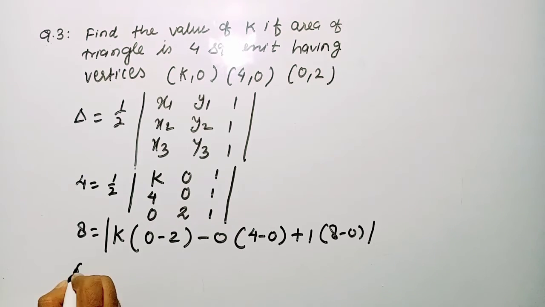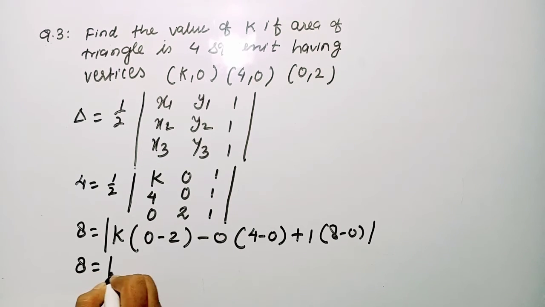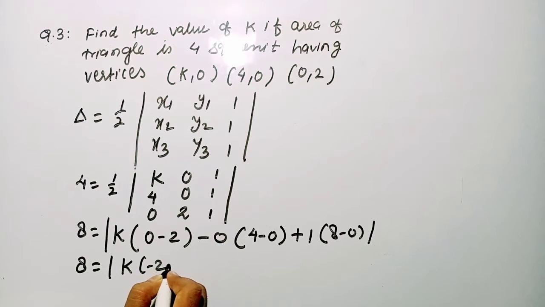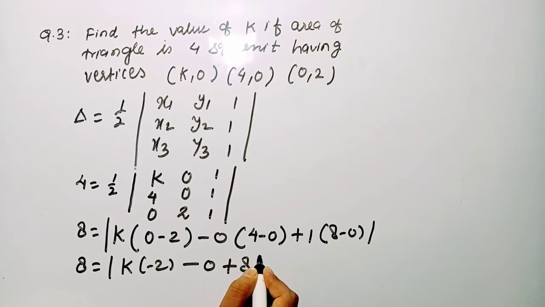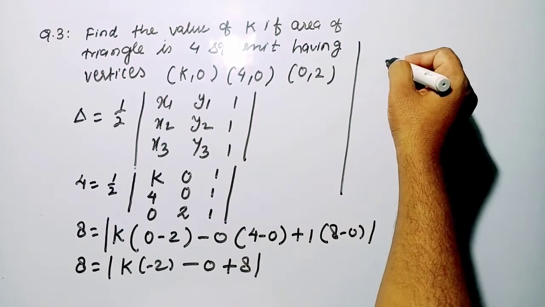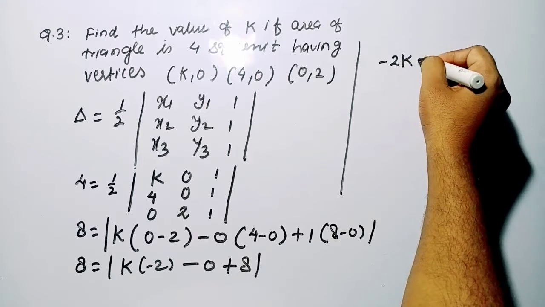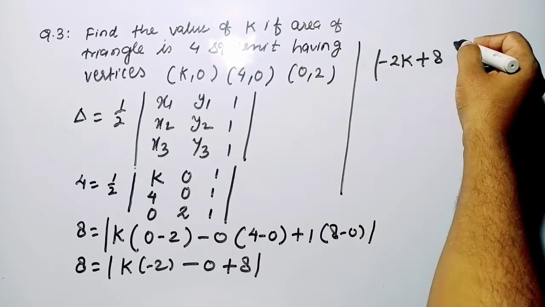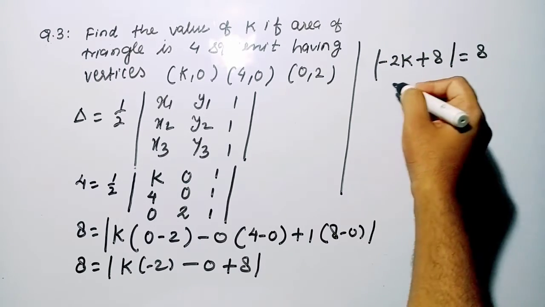So here we are getting 8. Now simplifying, modulus of k into minus 2, then 0 because a number multiplied by 0 is 0, so here will be 8. So what we are getting, modulus of minus 2k plus 8 is equal to 8.